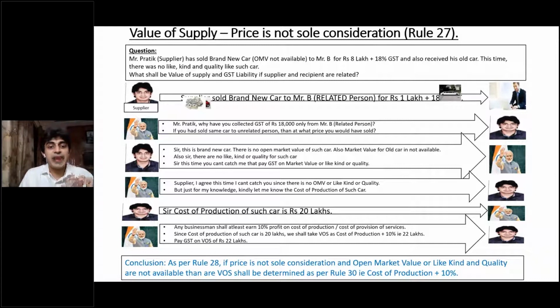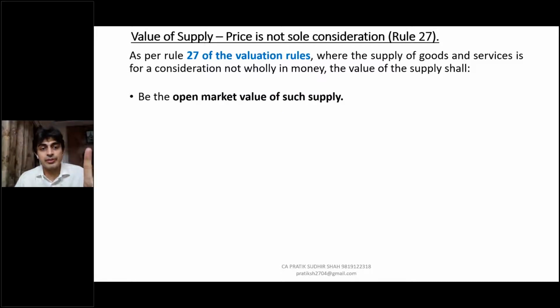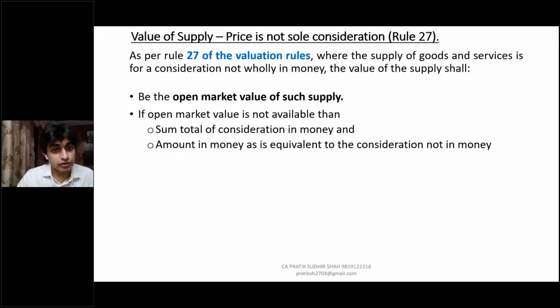When price is not the sole consideration, in rule 28 there are only 3 steps, but in rule 27 there are 4 steps. So again, as per rule 27, first it will be open market value as we discussed. If the open market value is not available, then what is said?